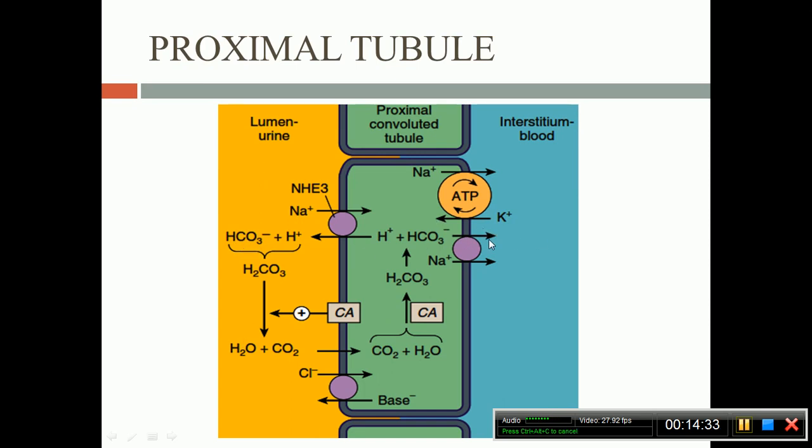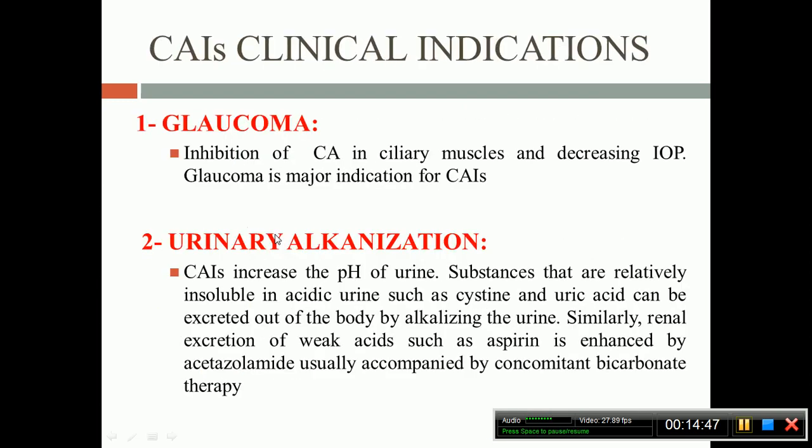It doesn't go along with the sodium into the blood. So it remains here, and it alkalinizes the urine. So that process is called urinary alkalinization. Why is it important? We have referred back to our absorption topic. We have seen the ion trapping.